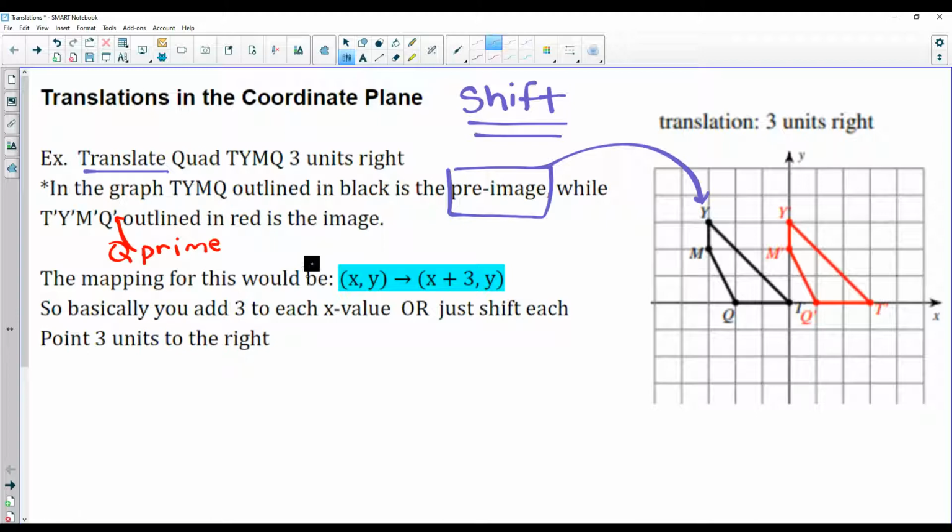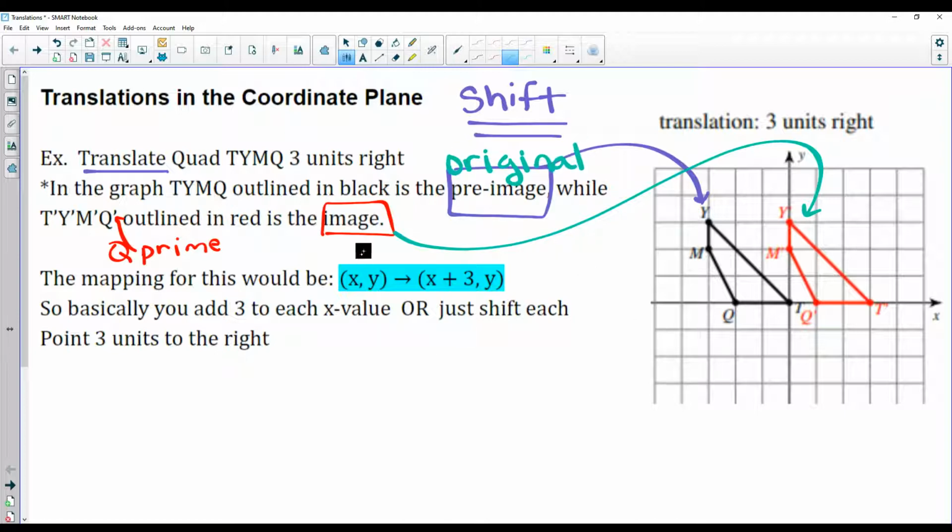That is the image, okay? It's just like when you are seeing your image in a mirror, it's not actually you, it's a reflection of you, which we will do reflections also, but it is the new figure, okay? So the pre-image is always the original, and the image is always the new position, okay?